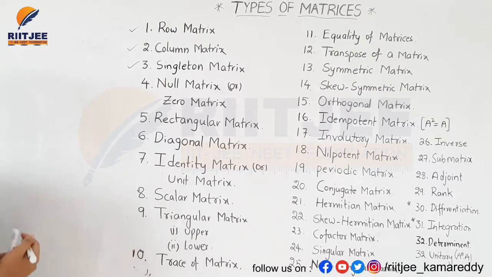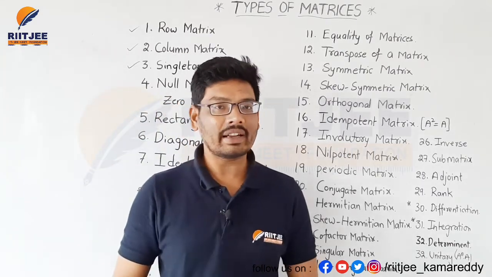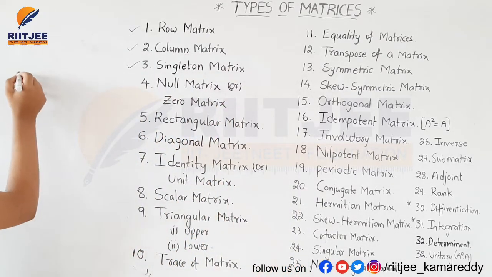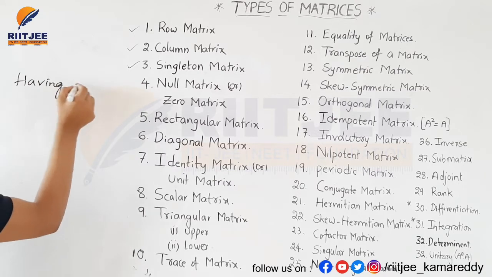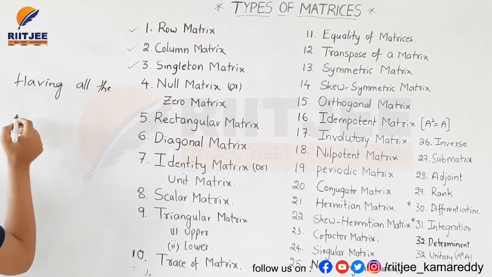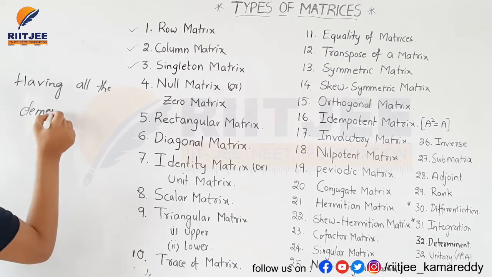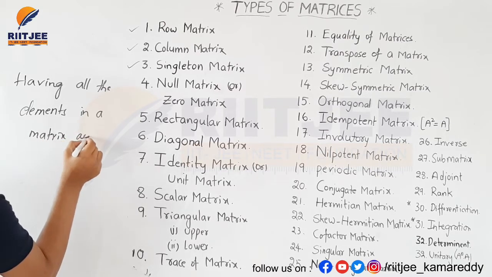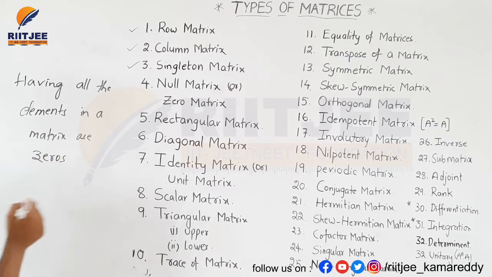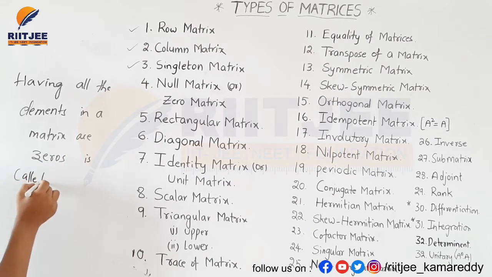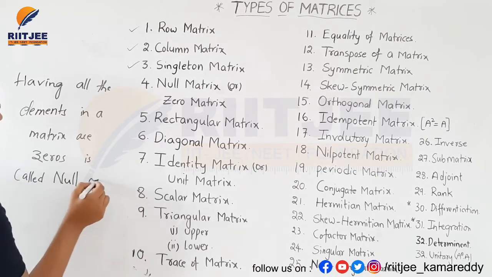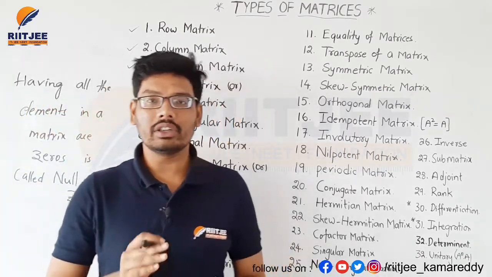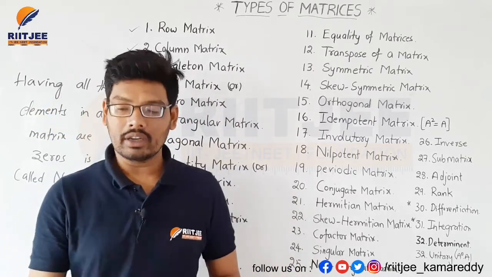A null matrix is nothing but having all the elements in a matrix, in rows and columns, as zeros. It is called a null matrix or zero matrix. Having all the elements in a matrix are 0 is called a null matrix or zero matrix.